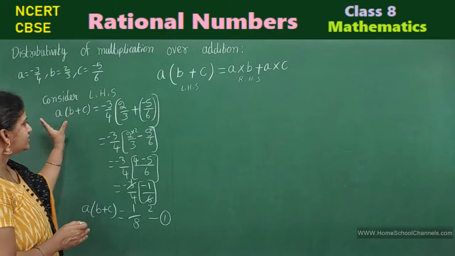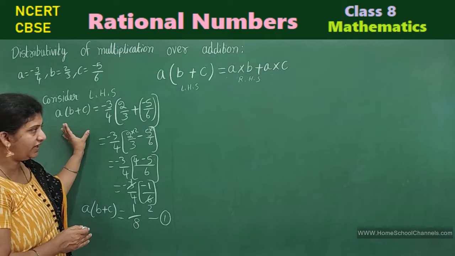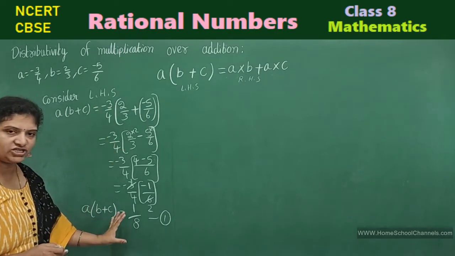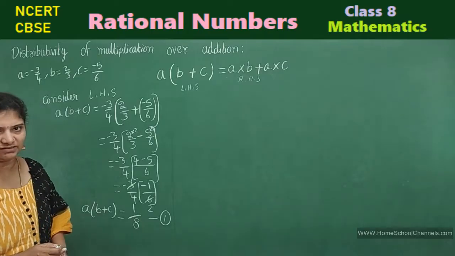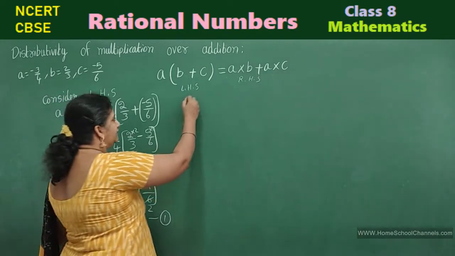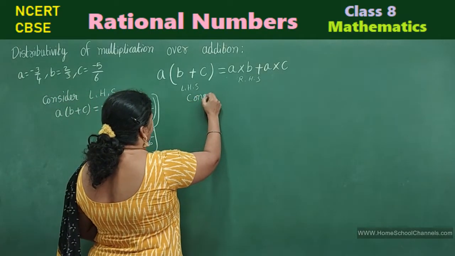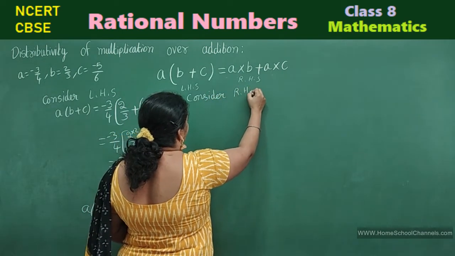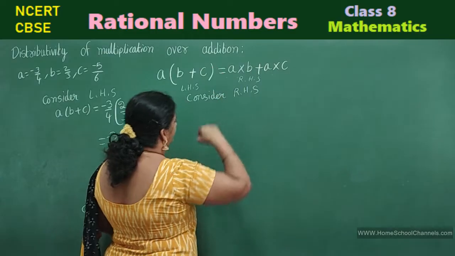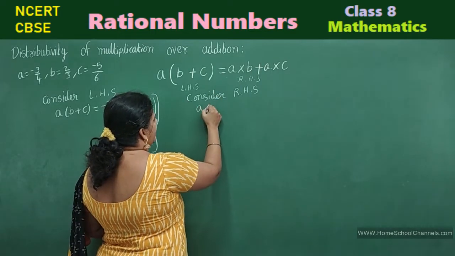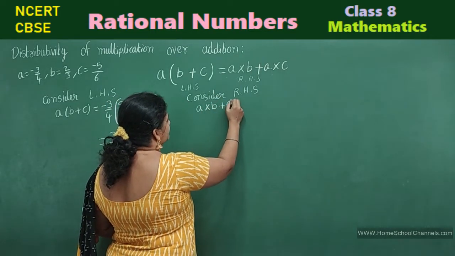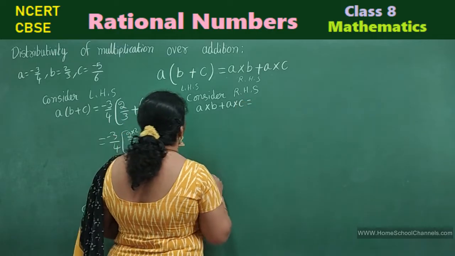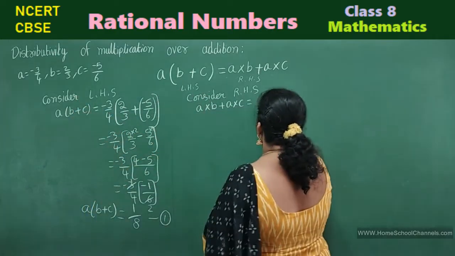Or if you feel difficulty, you can do it in this way also. Consider the LHS part, substitute the rational numbers, get an answer. Now next consider the right hand side part of the given property, that is A into B plus A into C. Substitute A, B, C values.